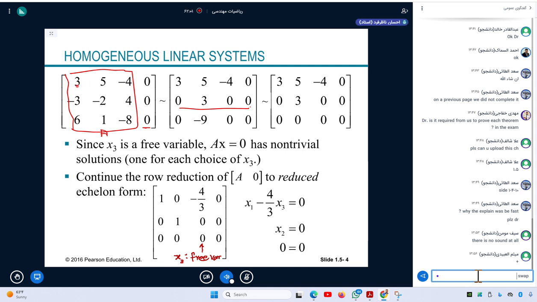Then if you multiply the first row by minus 2 and add it to the third row, this becomes minus 6, which makes this one 0, and minus 2 times 5 becomes minus 10, plus 1, it becomes minus 9, and then minus 2 times 4 is minus 8, minus 8 becomes 0. So this is the third row, right?